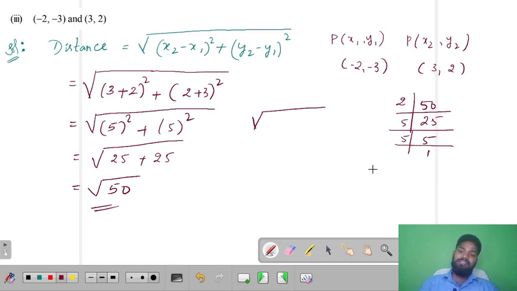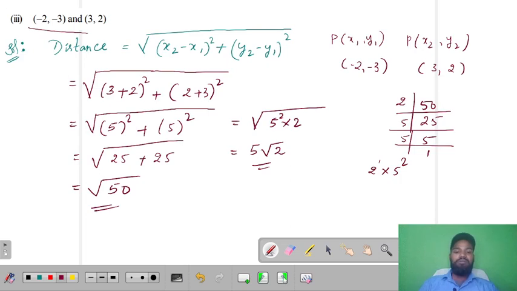So we can write this as 2 power 1 into 5 power 2. That is nothing but 5 square into 2. So can I remove the 5 from the root? Yes, I can remove the 5 from the root, and 5 root 2 is your final answer. So this is the solution for the third problem.